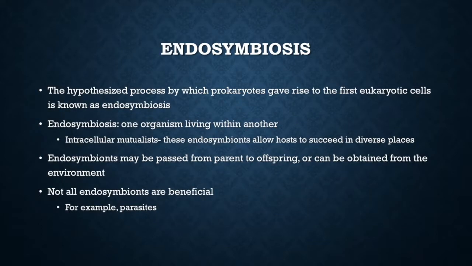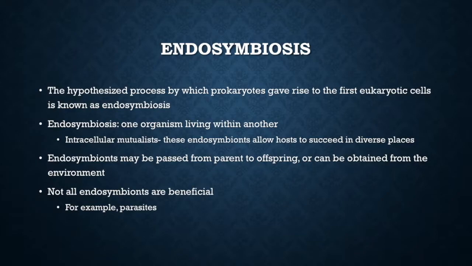So you heard me talk about symbionts that these organisms use. We finally got to it, the main topic of this presentation. So the hypothesized process in which eukaryotes were given rise by endosymbiosis, which is one organism living inside another.